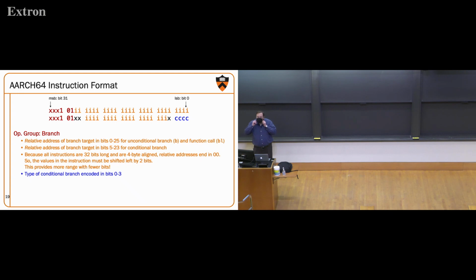All right, what do we mean by an immediate value in a branch instruction? Well, it's telling you where to branch, but how is that actually encoded in the instruction? Is it the address of the instruction you're branching to? It turns out that no. What's actually encoded here is not the address itself, but where you're branching to relative to where you are.